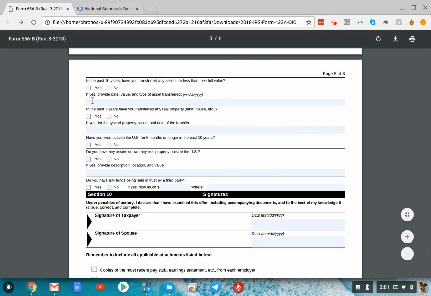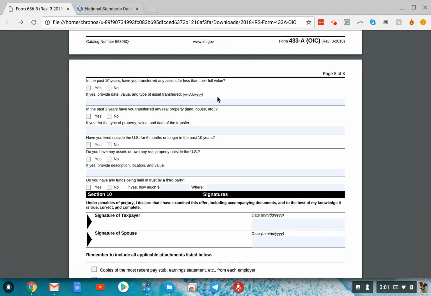Okay, these questions are about if you transferred stuff. So anything for less than its full value, did you get rid of cars or jewelry for cheap, stuff like that. If you gave your kid your car, they probably don't really care. It's more, did you hide a Ferrari or something like that? And here, this is real property.